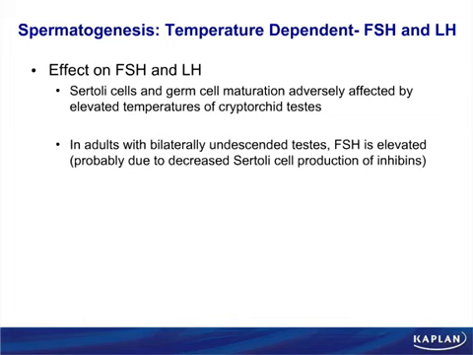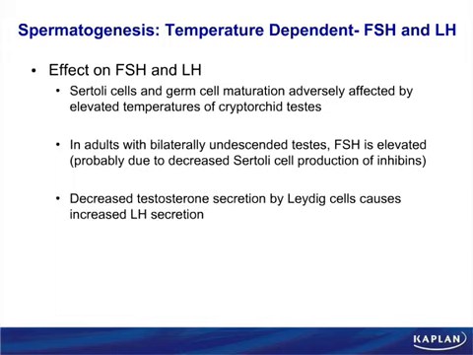And if you have undescended testicles, the FSH goes up because you're not having the normal feedback inhibition you should, and the pituitary starts to yell at your testicles. Hey, do some work, man, make something. So when you have a decrease in your testosterone production, it's the loss of feedback inhibition. And the loss of feedback inhibition increases LH secretion.